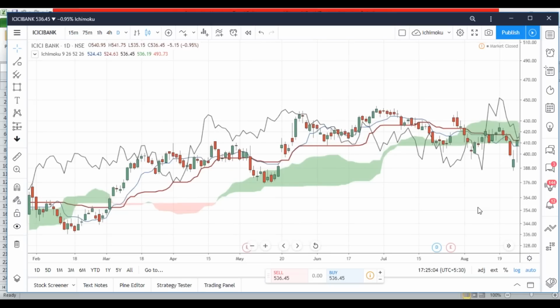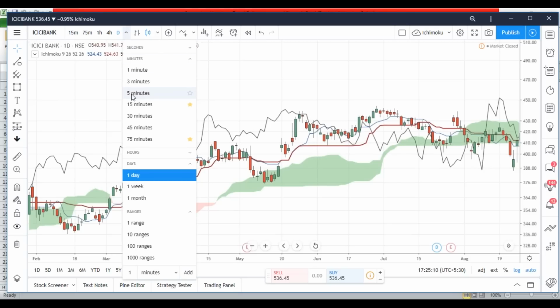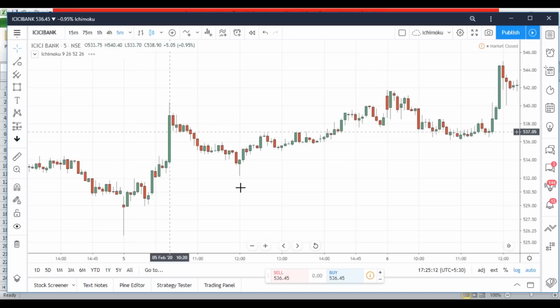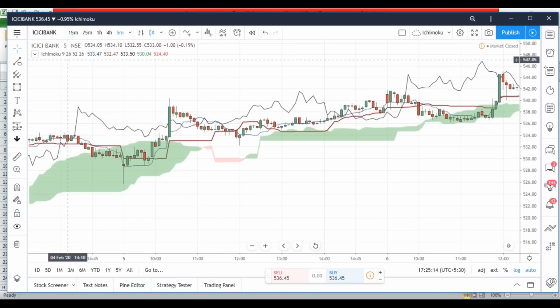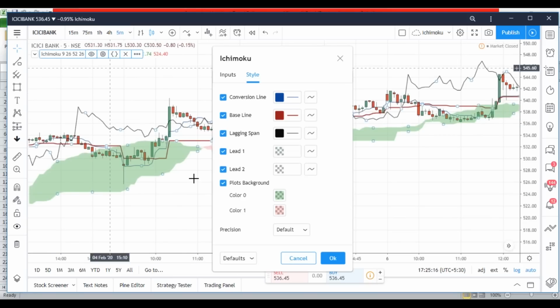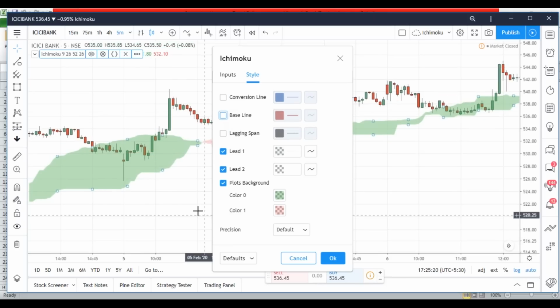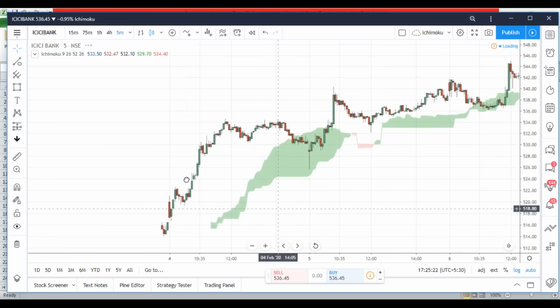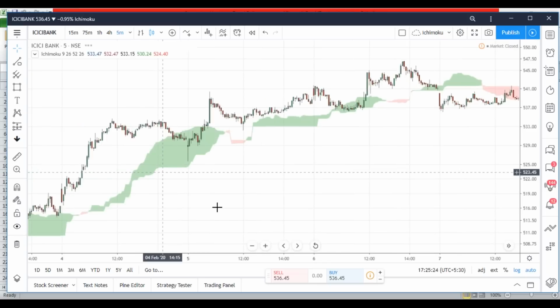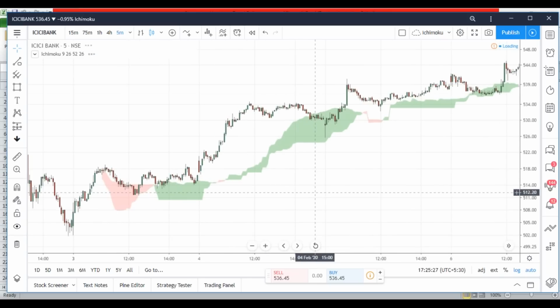Regarding the 5 minute strategy, what I was referring to is the simplest form. In this 5 minute strategy, I use only the cloud. So the strategy is pretty simple.